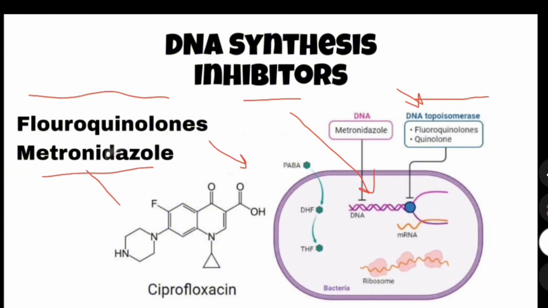Metronidazole directly attacks DNA. Fluoroquinolones like ciprofloxacin are mostly effective in gastrointestinal tract infections, urinary tract infections, respiratory tract infections, and upper respiratory tract infections, sore throat infections. And metronidazole is also used for some bacterial gastrointestinal tract infections and for some parasitic infections.